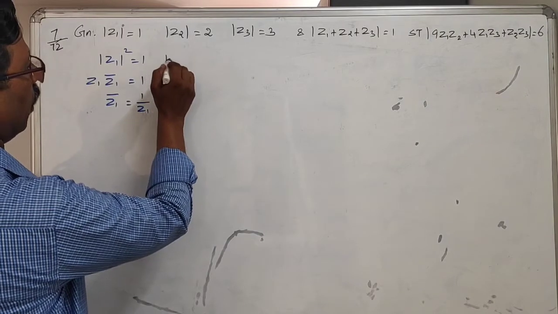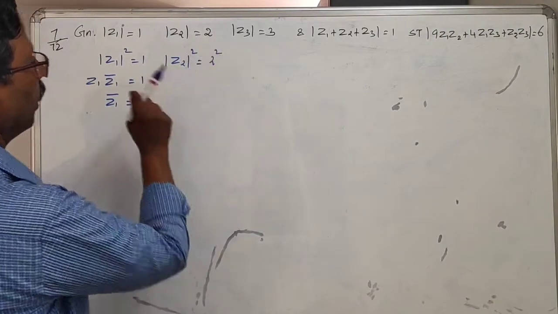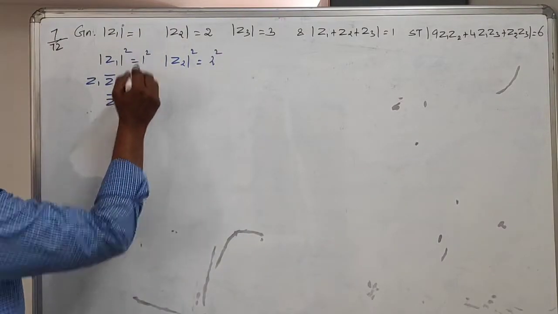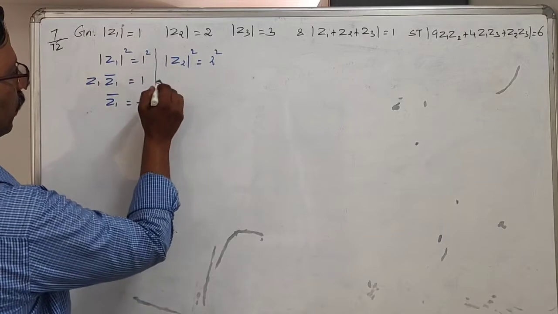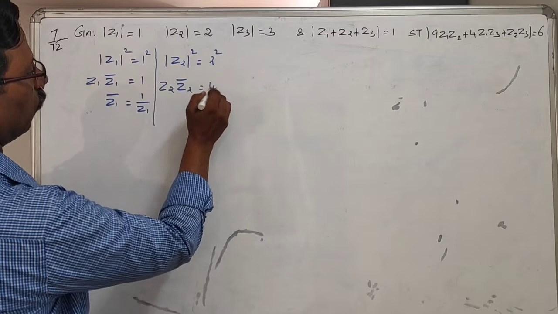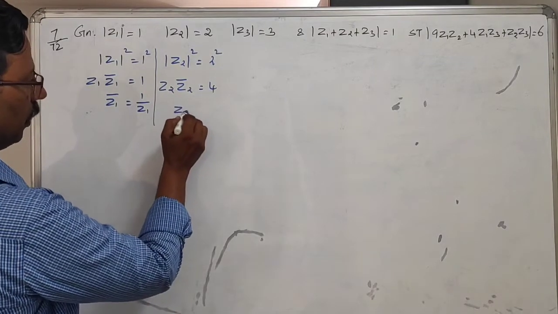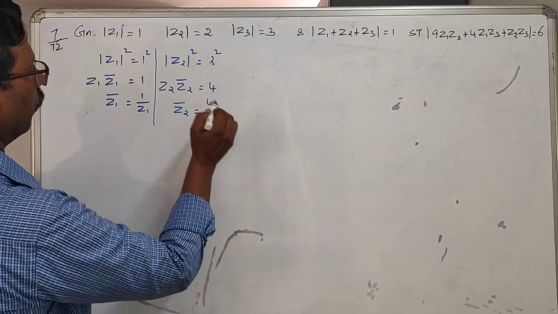Likewise here, modulus of Z2 whole square is equal to 2 square. Here 1 square is equal to 1, that we can write directly. Now this also can be written as Z2 into Z2 bar, which is equal to 4. From this, Z2 bar is equal to 4 by Z2, we can say.